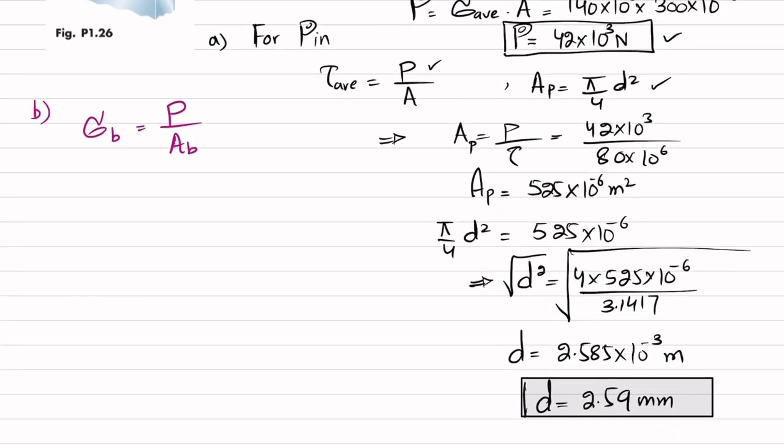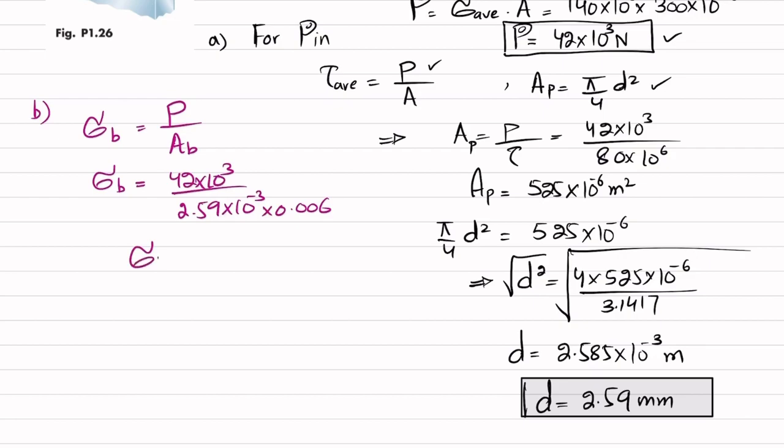So put the value: P is equal to 42 into 10 raised to power 3 divided by bearing area, which is the diameter we have calculated, 2.59 into 10 raised to power minus 3, multiplied by thickness 0.006.